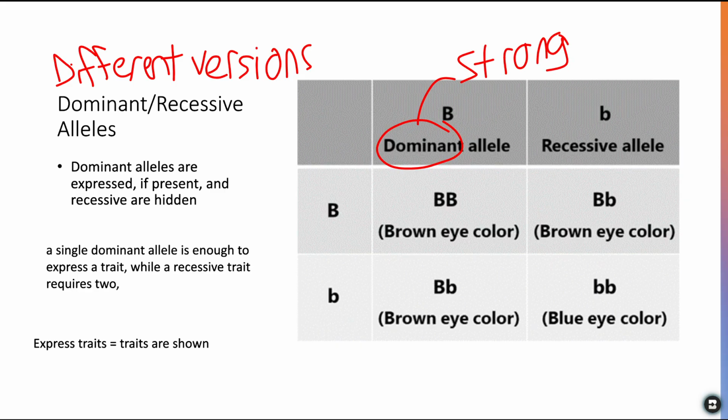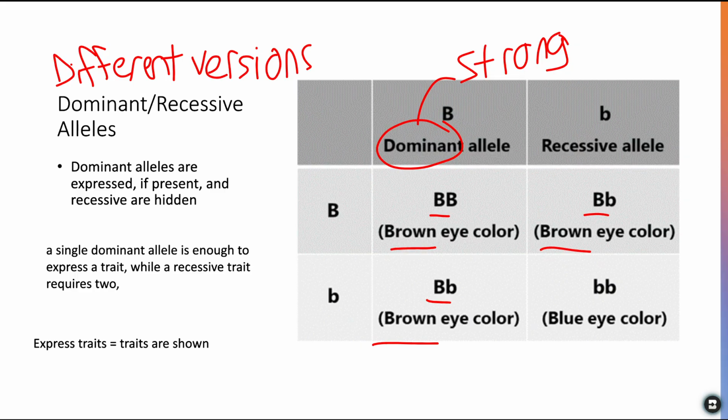These are genes that are basically enough to take over the appearance of a trait. For example, if we look at this capital B, if a pair of letters contains at least one capital B, they are going to show the dominant trait for an organism. In this case, dominant being brown. So all these genotypes with a dominant B contain the dominant trait.